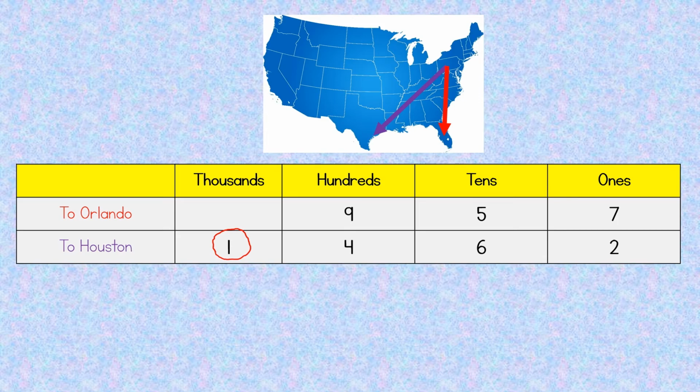From Harrisburg, Pennsylvania to Orlando, Florida, there is no digit in the thousands place. Therefore, you can stop right now and you know that the distance from Pennsylvania to Houston, Texas is greater, because there is nothing in the thousands place for Orlando.